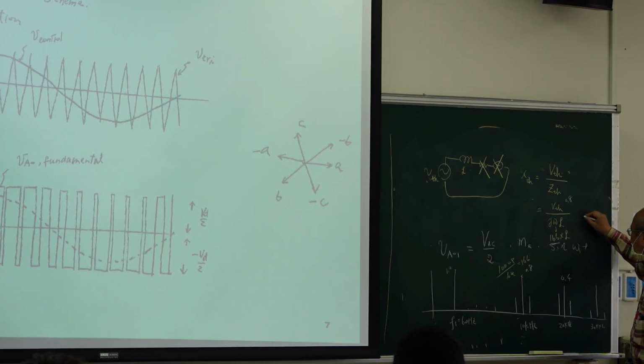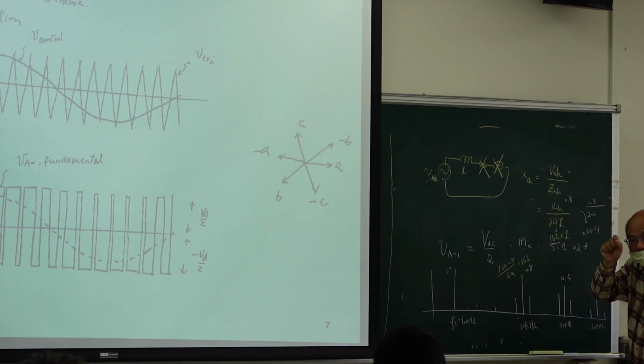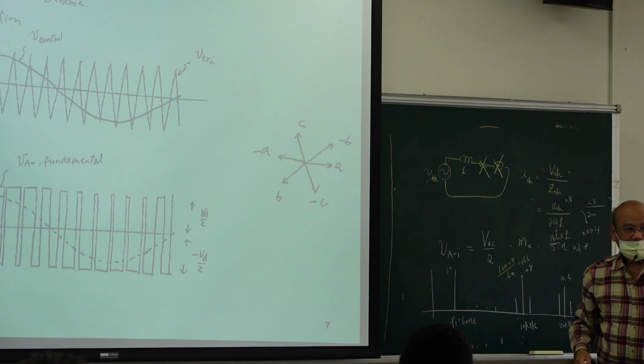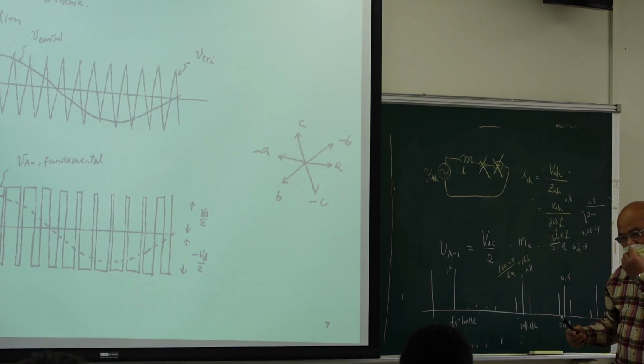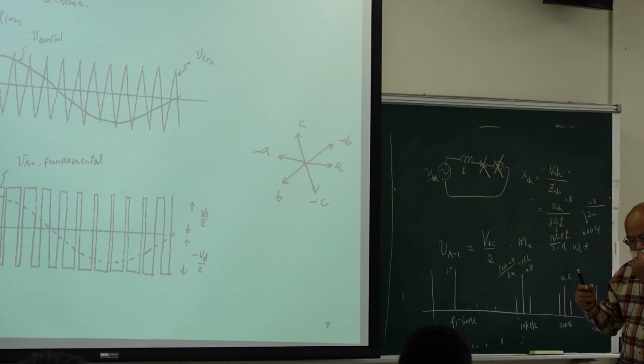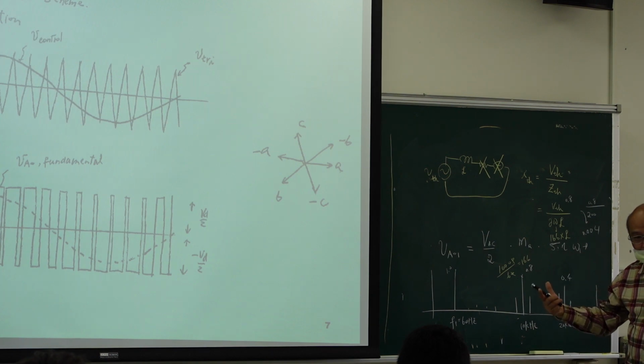Then how about your current? Your current becomes very small, because 0.8 divided by 200 times becomes 0.004 A, right? So what is the advantage of high frequency? Because at high frequency, your inductance reactance becomes large.